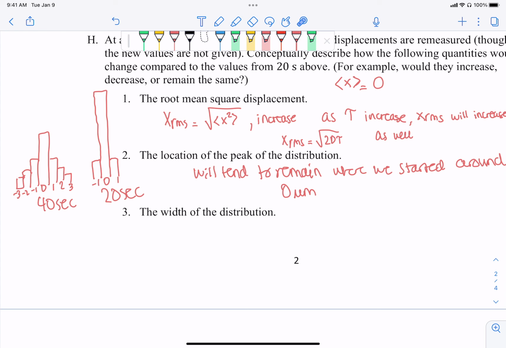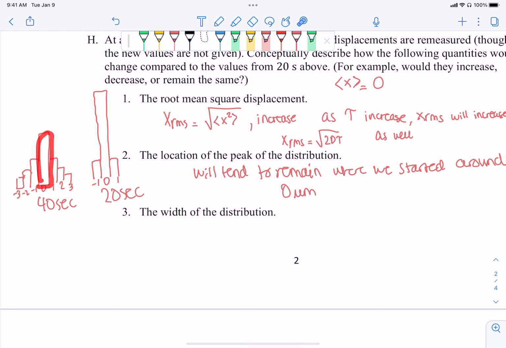But basically, as you increase the number of time steps, your XRMS will increase. So you're able to occupy different positions. So your average distance away from your initial position will increase. And at the same time, you will still be most likely to end up at your original position. So here's the difference in peaks though. Maybe at first you had like 0.6 probability that you're going to end up at your initial position.